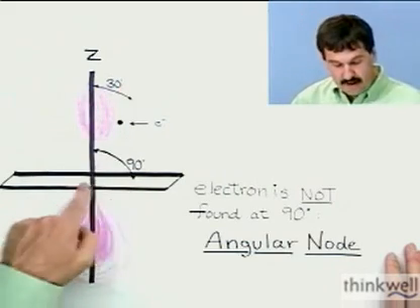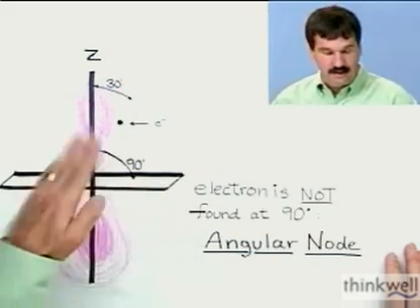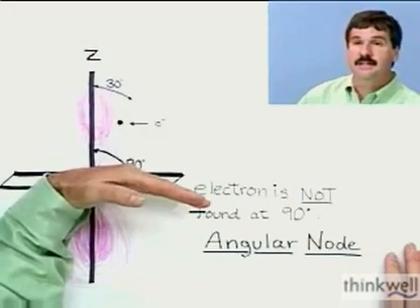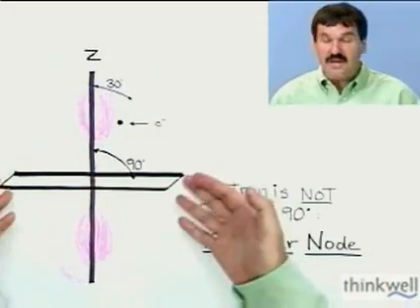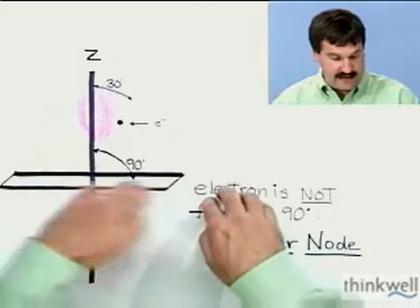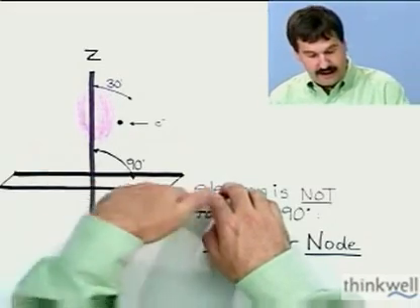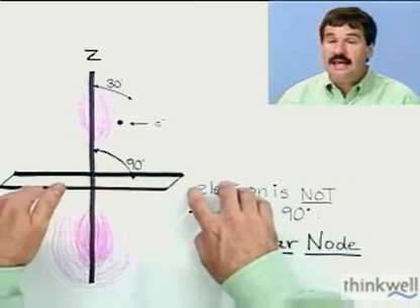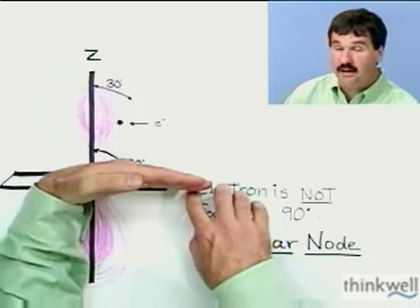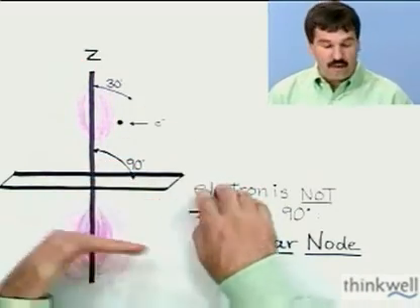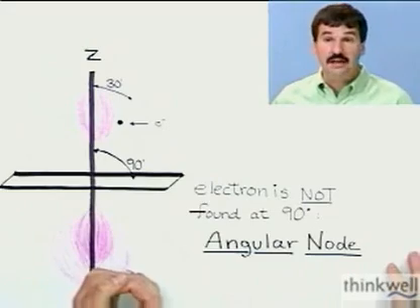If the electron were down here, though, in this plane, that angle would be 90 degrees. And the fact that we don't have any electron density in this plane indicates that we have an angular node. In other words, when this angle is 90 degrees, we have no probability of finding the electron there.